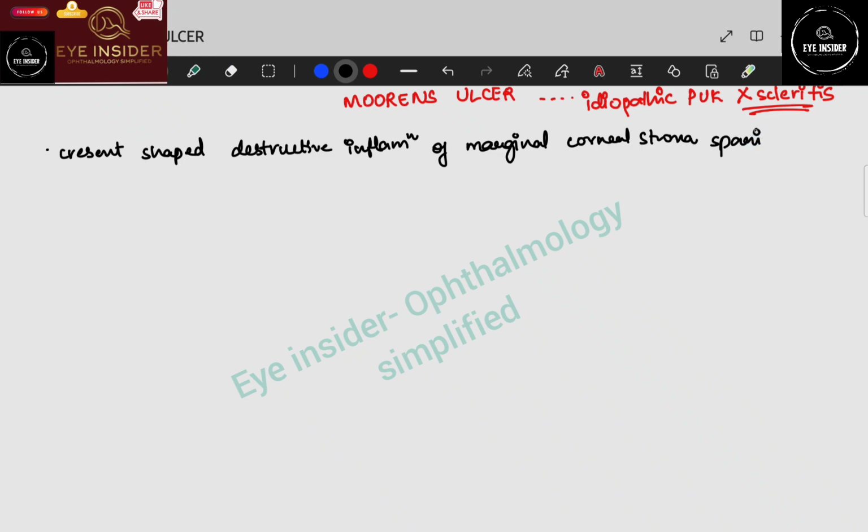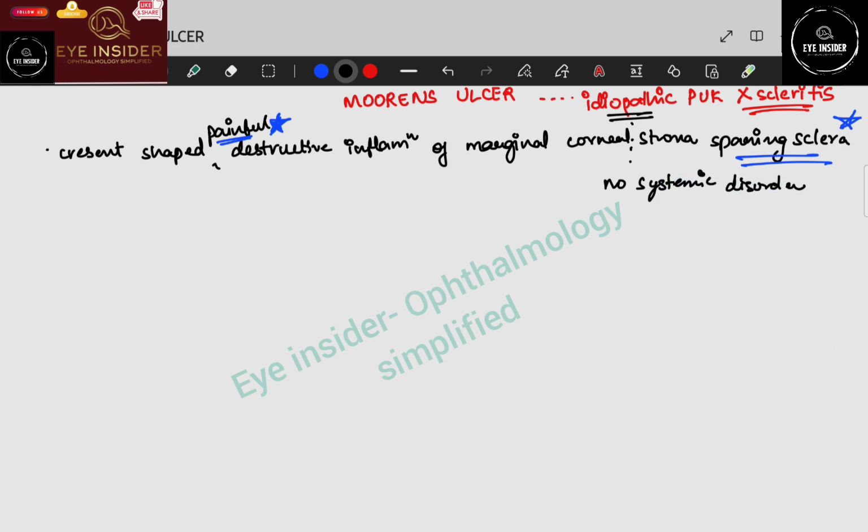Okay, so this definition encompasses all the features which Mooren's ulcer should have. First is that it is very painful, it is sparing the sclera, and the third one is it is idiopathic, that is there is no other cause or systemic disease which can be associated with PUKs. Alright, so in this, the pathogenesis has been identified as antibodies to cornea specific antigen, that is calgranulin C. So it is labeled as COAG.